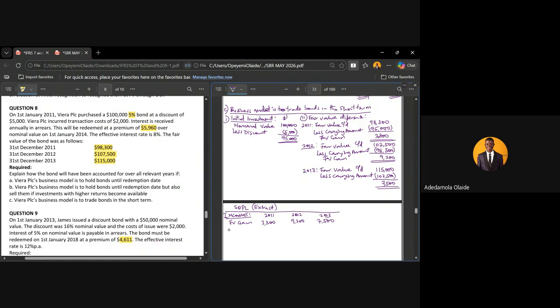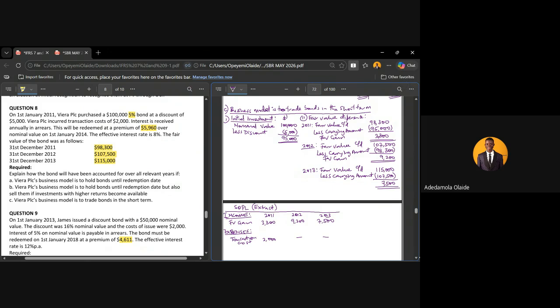Then we'll have expenses. What is our expenses? The transaction cost, 2,000 in year one only. We don't have any other expense.